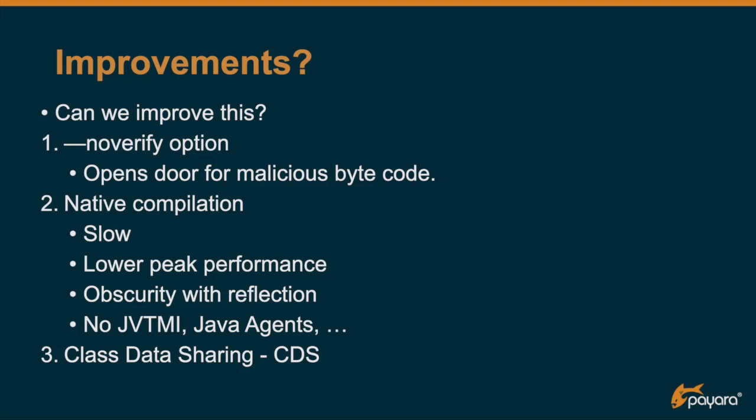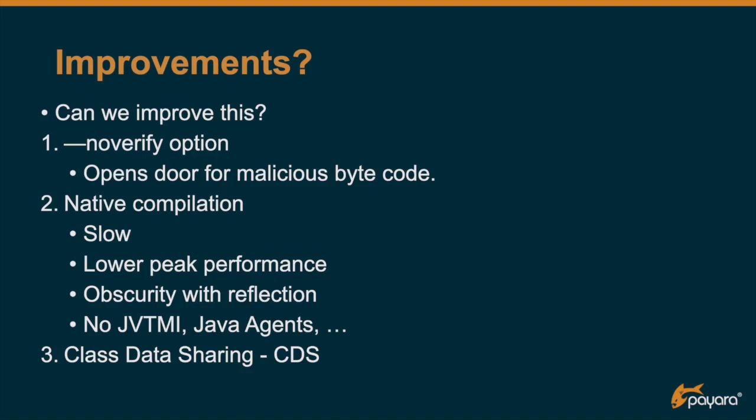The other alternative, which is very popular these days or gains attraction, is the native compilation of the Java code. But it has various downsides. It will improve in the future, no doubt about it, but for the moment it is slow. That means that it takes a lot of time before you have compiled your bytecode to native code.